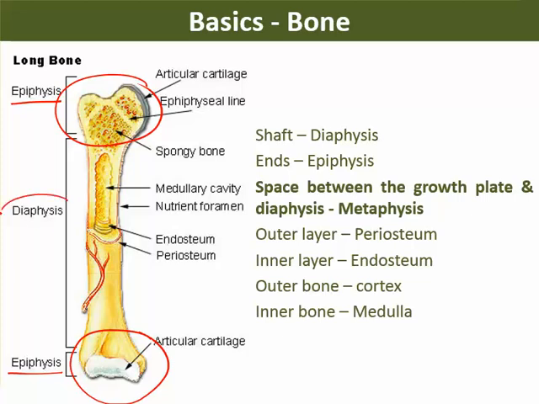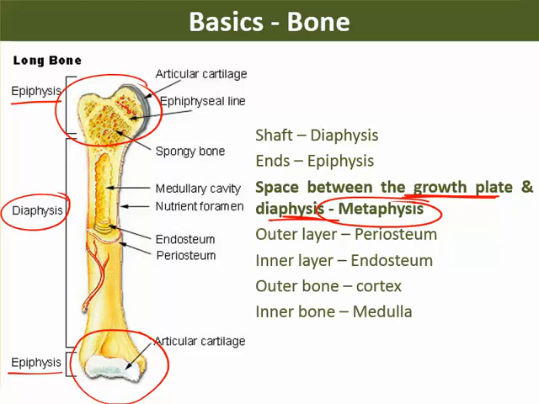Shaft means the connection between the two ends, that is called diaphysis. In between the epiphysis and the diaphysis, we have a special layer called metaphysis. This metaphysis is just between the growth plate and the diaphysis.